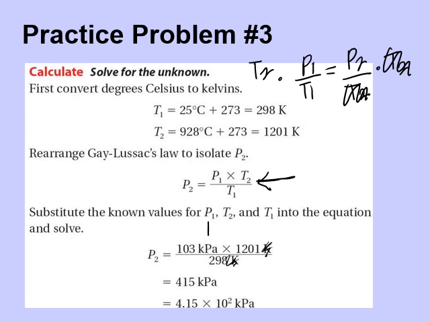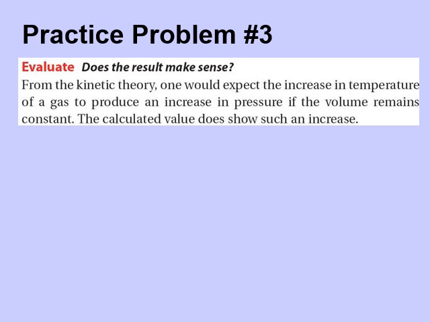Kelvins cancel, and our P1 unit, which is kilopascals, is what our P2 is going to be solved for in. So we get 415 kilopascals, which should make sense because as temperature increases, we also see a large increase in our pressure, and this large increase will cause a burst in the can, which is why it's dangerous. So it should make sense because we see that relationship: as one increases, so does the other.